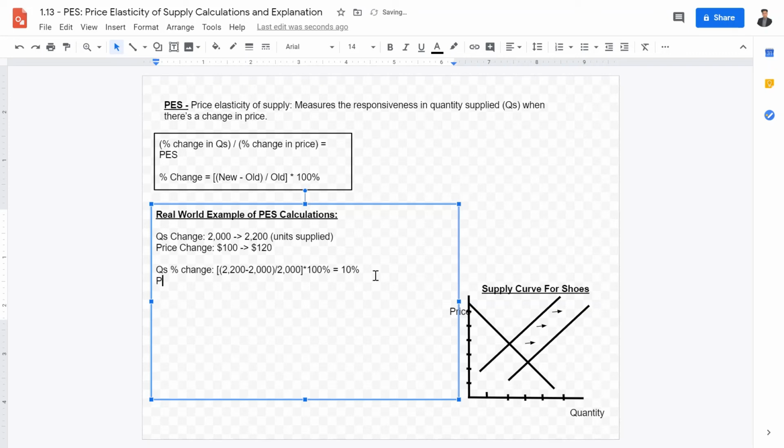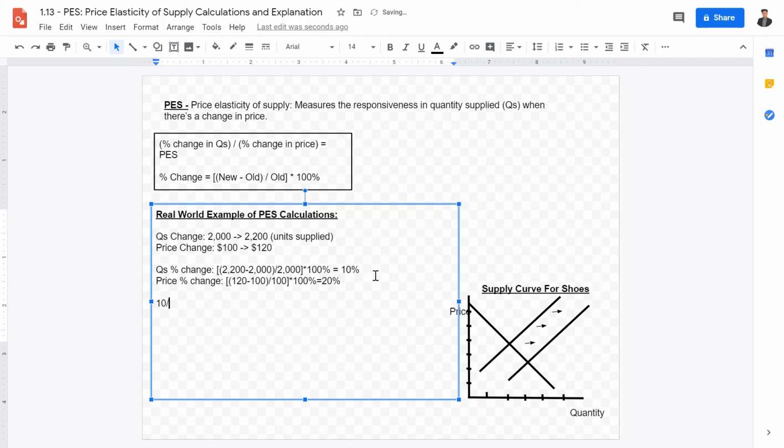So what's the price percentage change? We calculate that by taking our new value, subtracting our old value, dividing by our old value, multiplied by 100%, and what we get is a total of a 20% change.